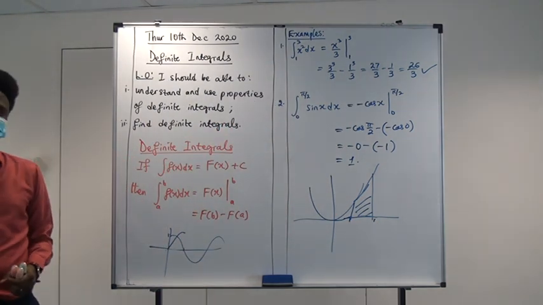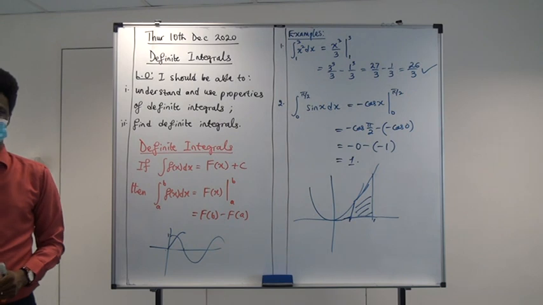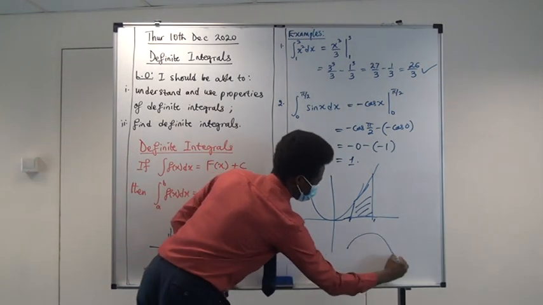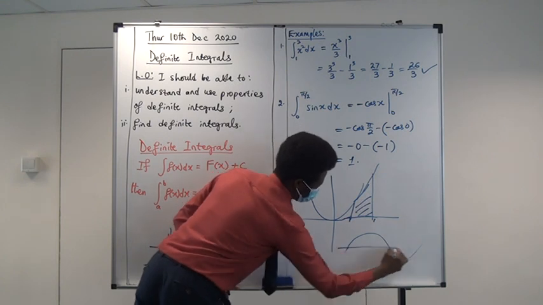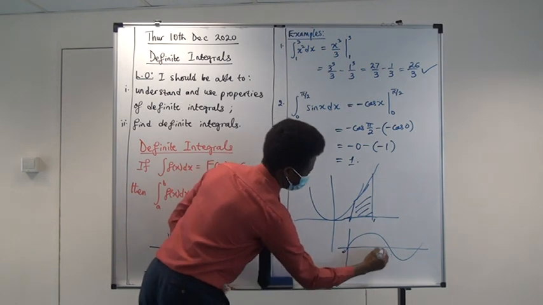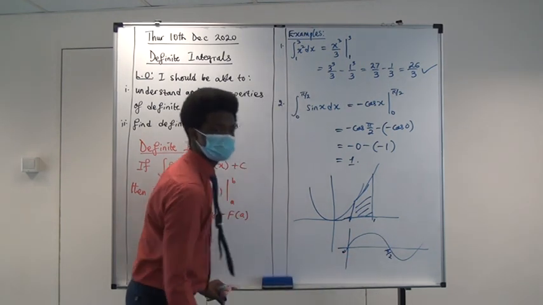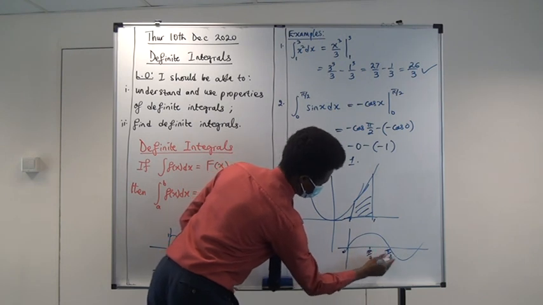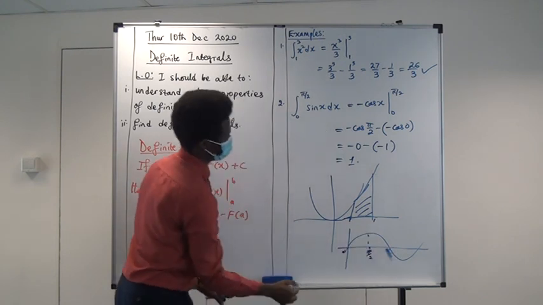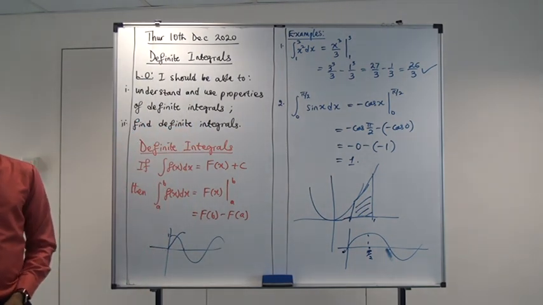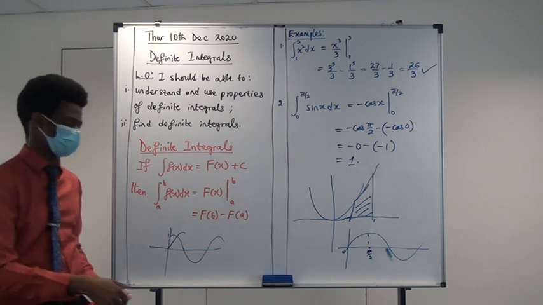That's where we are going next section. Okay? Similarly, if you plot the sine curve, which is something like this, between 0 and pi/2, no, that's pi. Pi/2 is here. The area under this curve is 1. Okay? So that's the technique. That's where we are going next.